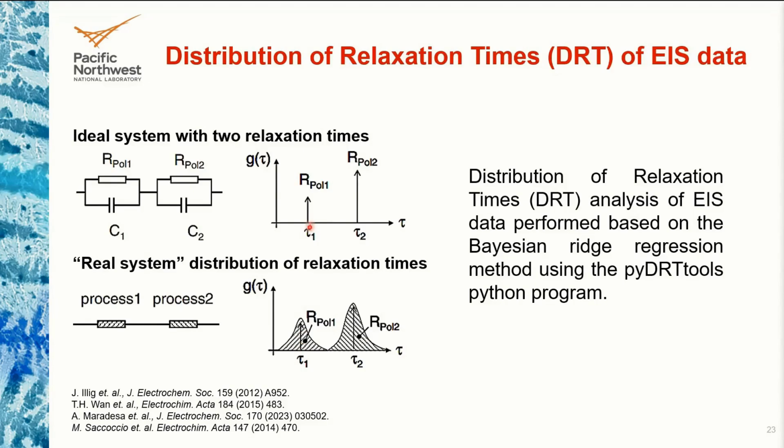That means instead of having one peak, you can get the distribution of the resistive values, and the shape of this tells you more about the processes, how a particular event, for example, charge transfer, relaxes over time.